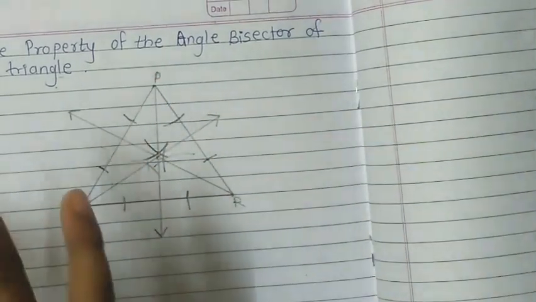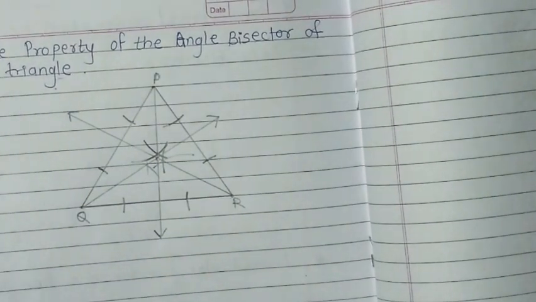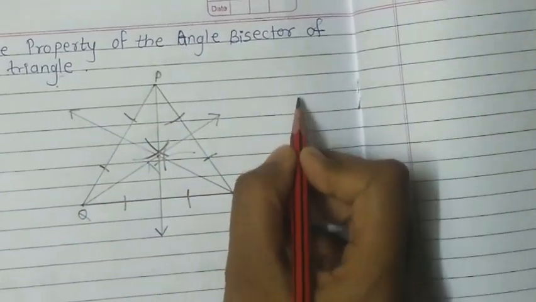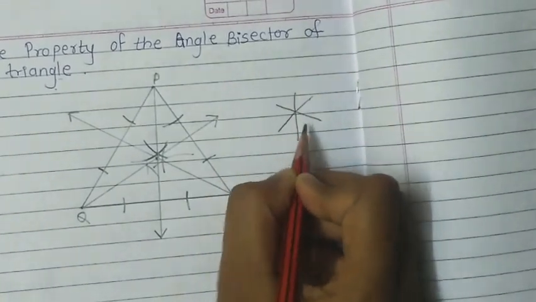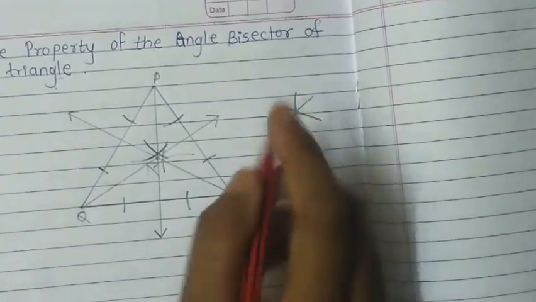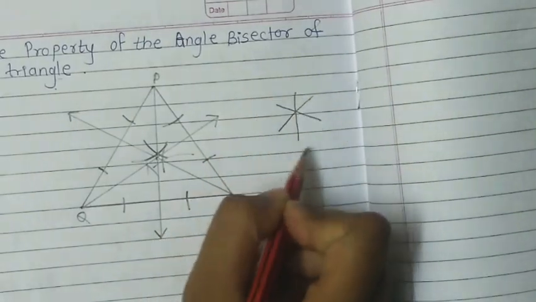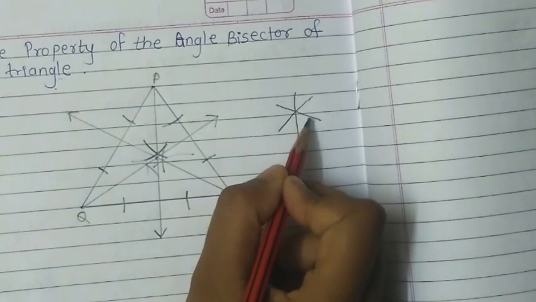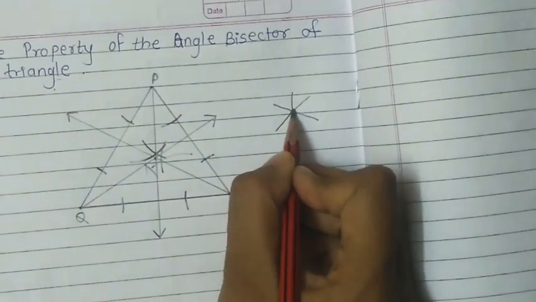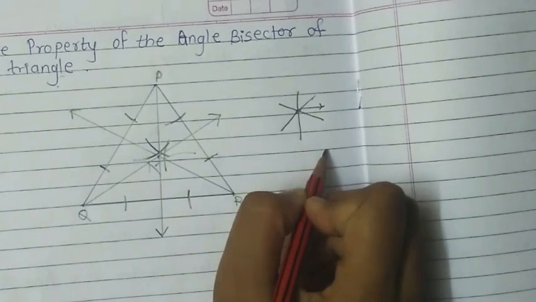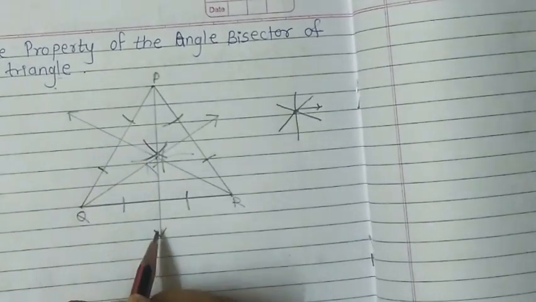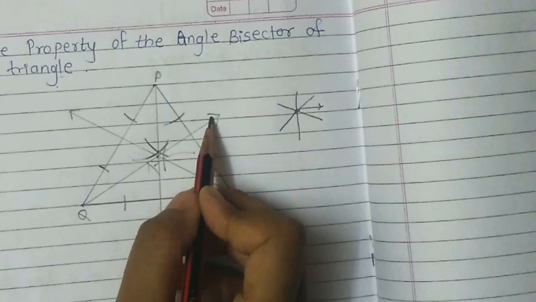Now, in the previous classes, that is in 6th standard, we have studied the definition of concurrent lines. Yes, no? What is it? If three or more lines pass through only one point, then such lines are called what? Concurrent lines. And the point, what we call it? Point of concurrence. So here also these three lines are what?